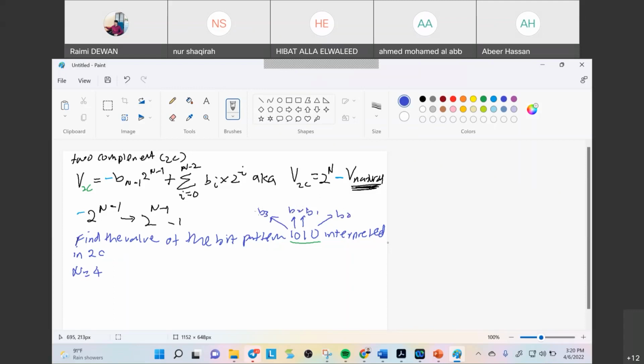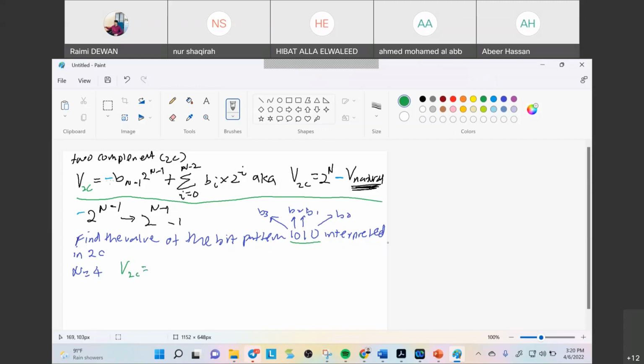Using the formula that you see here, it looks a bit difficult, but not difficult actually, because of the way it is written. It's actually very easy. Don't worry. Now we try to translate into our V2C, two's complement.